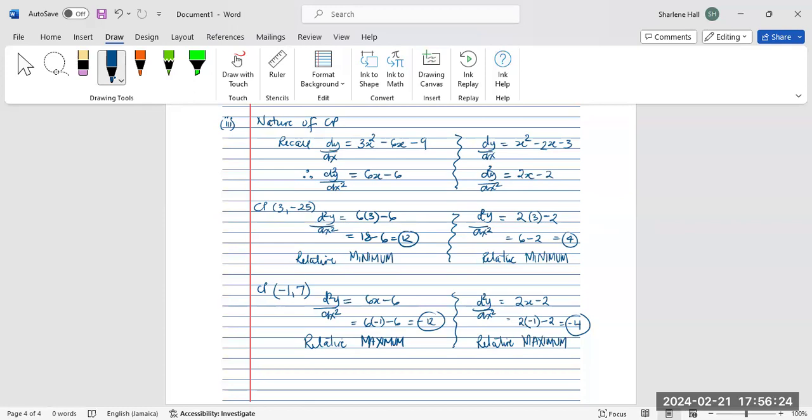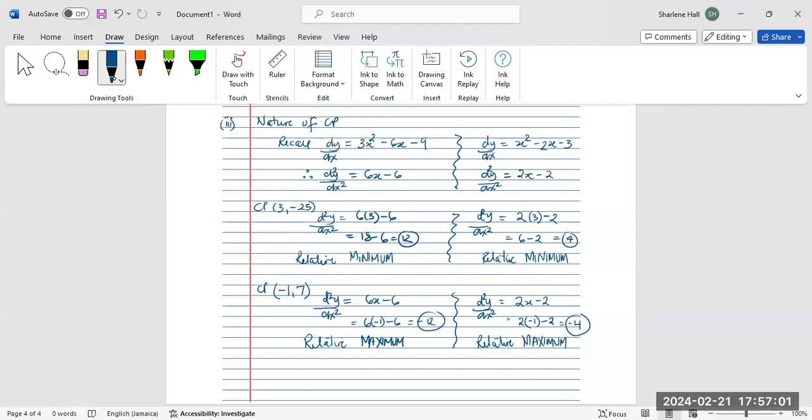Just use the original dy by dx in the event you made an error dividing through the dy by dx to reduce it. That error won't be carried forward into the other part of the question. Am I clear? Yes, sir. Okay.